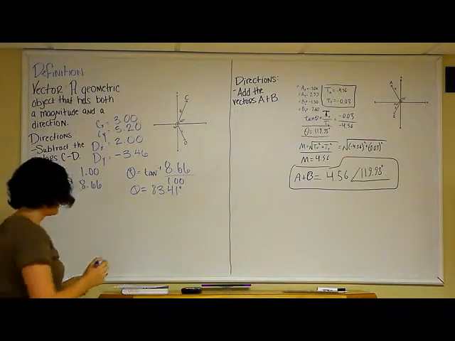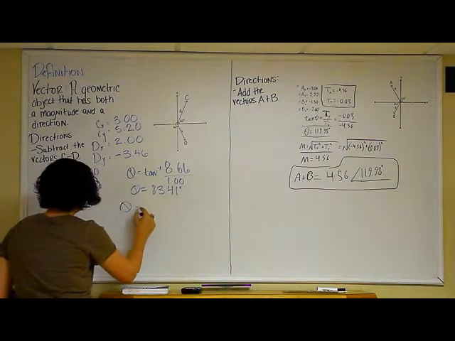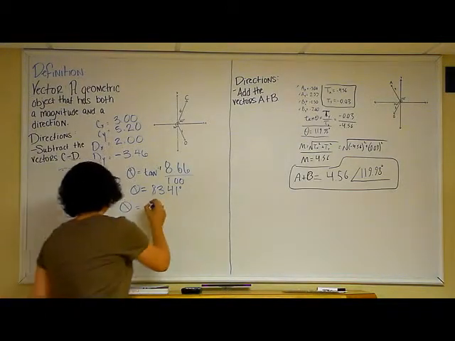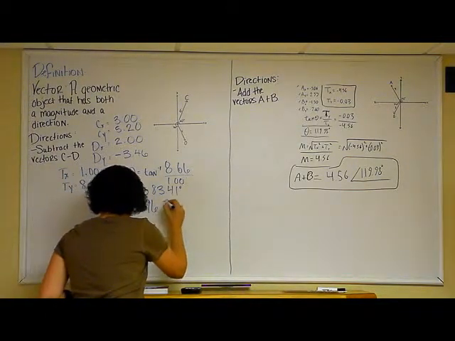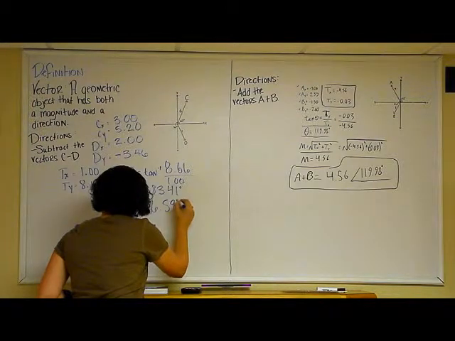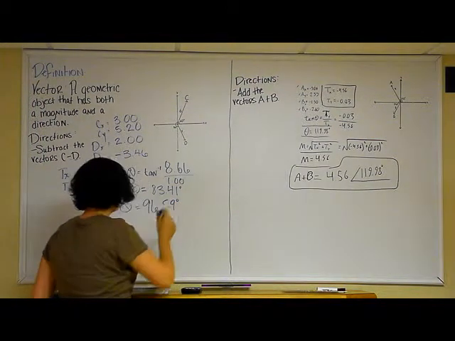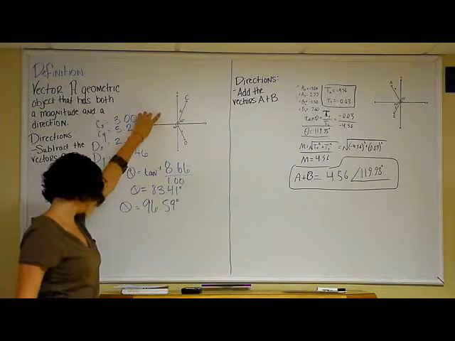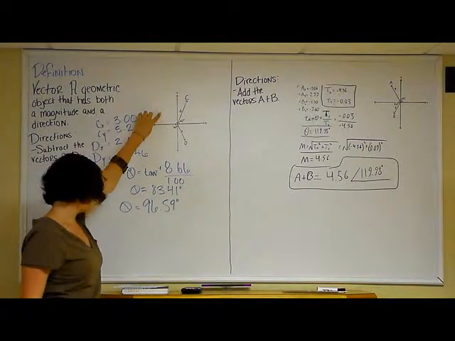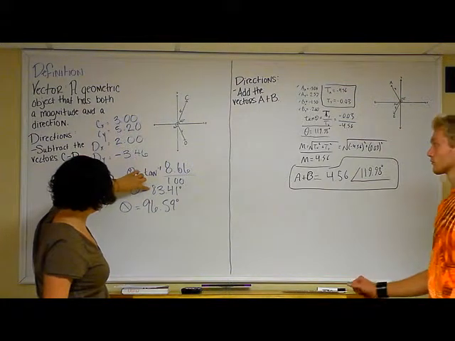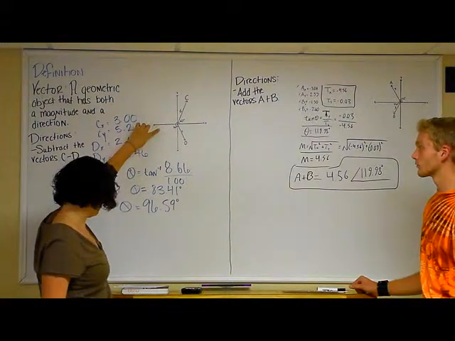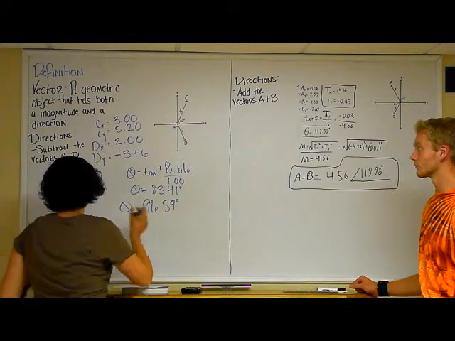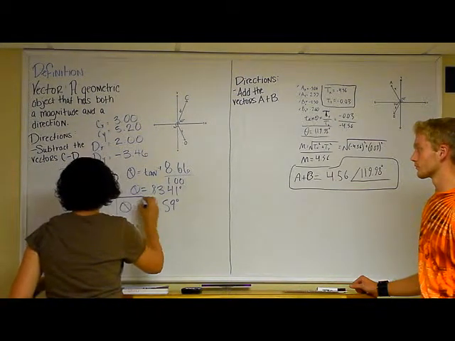However, theta actually equals 96.59 degrees, because it's in the second quadrant, and you subtract 83.41 from 180 to get your real angle. So there's theta.